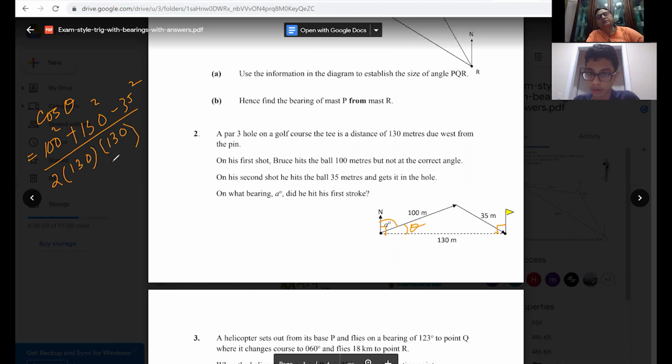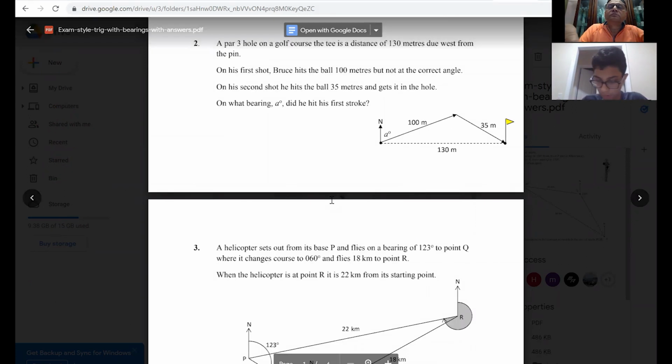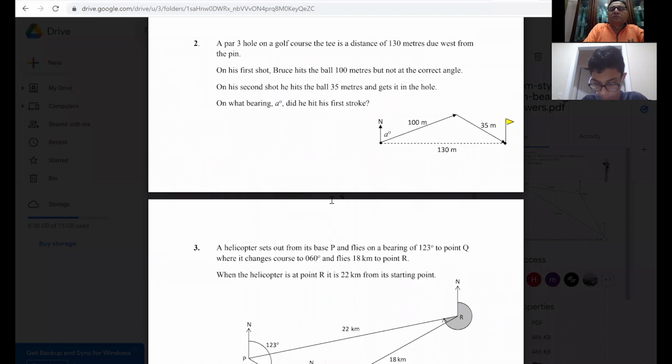Do it and then find theta. What do you get this value as? Calculate. Have you done the calculation again? Yeah, it first said error, so I'm just doing it again.